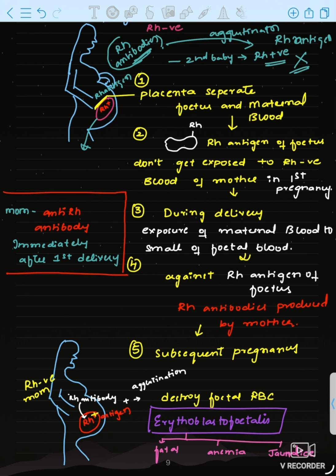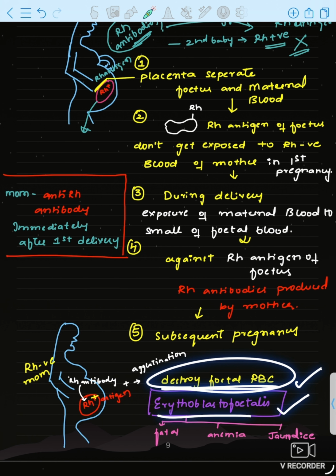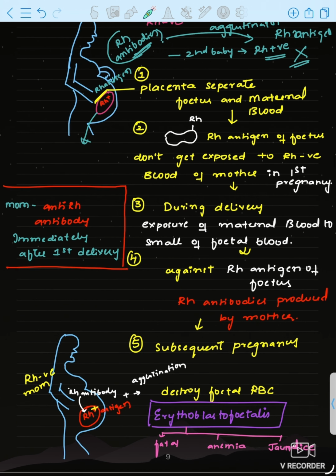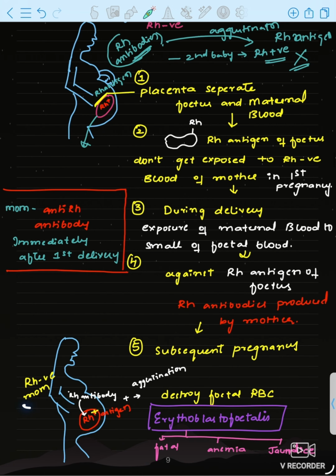That is called erythroblastosis fetalis. Okay, I think you understood. It destroys the fetal RBCs. That is fatal. The baby can die, or due to RBC damage, anemia or jaundice may occur. That is the first case. In the second case, an Rh negative mom has produced Rh antibodies. How?